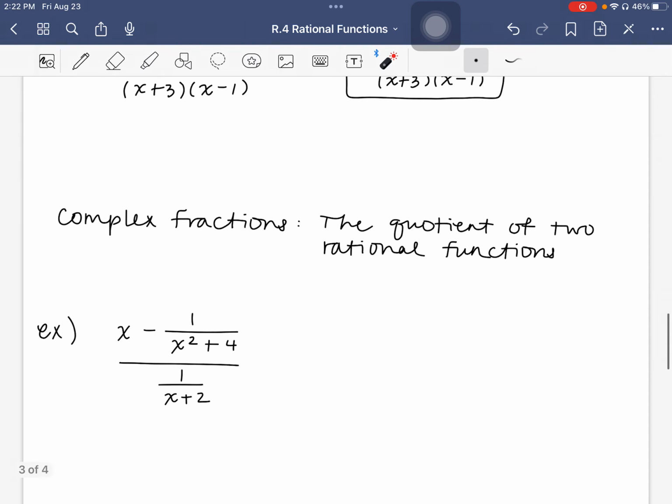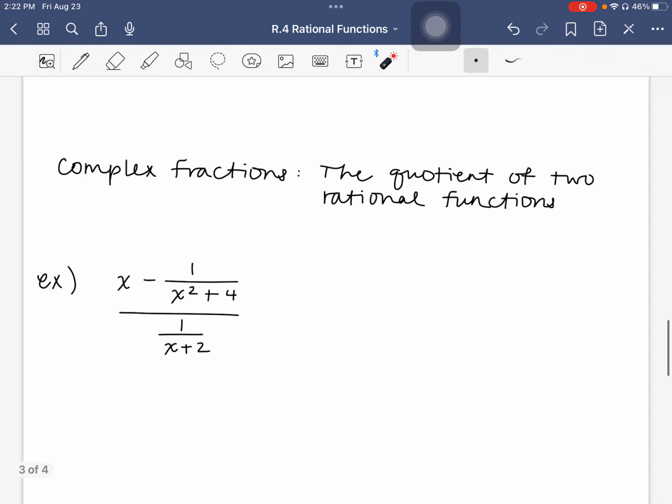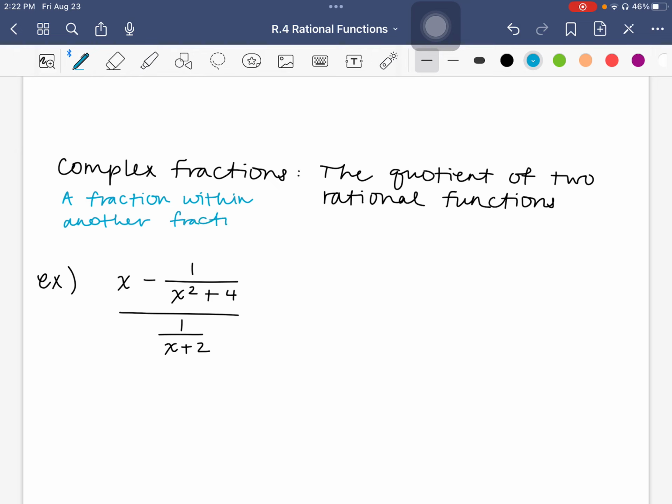All right, so the last example we're going to look at is complex fractions. So this is essentially the quotient of two rational functions, or a fraction within another fraction. Now, looking at this example, what we could do is get a least common denominator for these two.